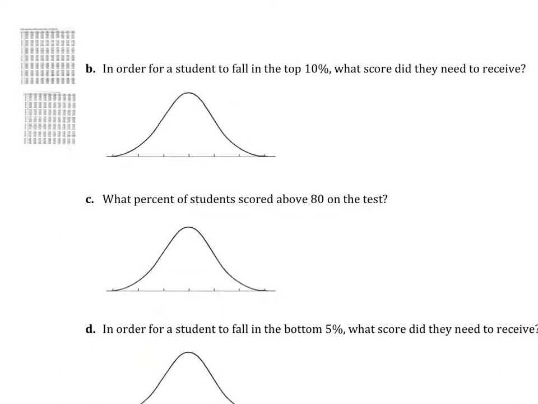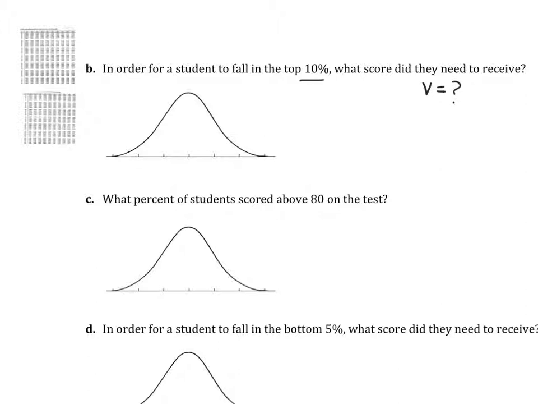All right, so in part B, this would be similar to the problems you did in 11.3 day 2 notes and homework. So in these problems, you are given a percent and you're going to be asked to figure out what the number of interest is. So that's your x value.